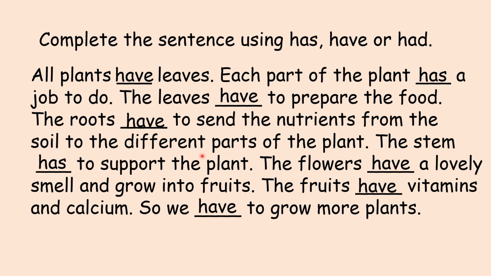The stem has to support the plant. The flowers have a lovely smell and grow into fruits. The fruits have vitamins and calcium. So we have to grow more plants.